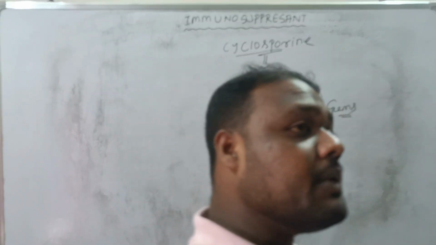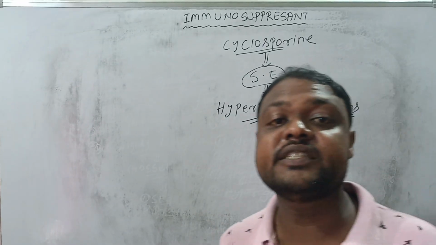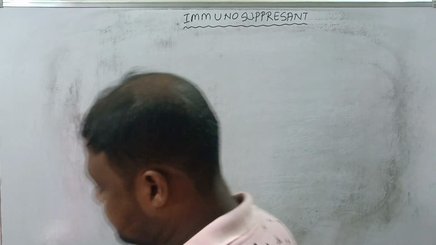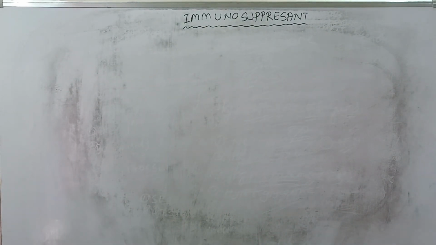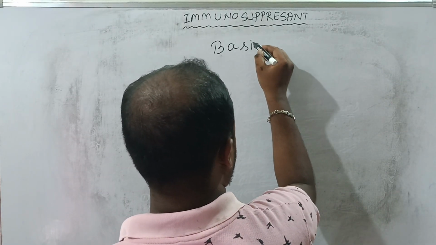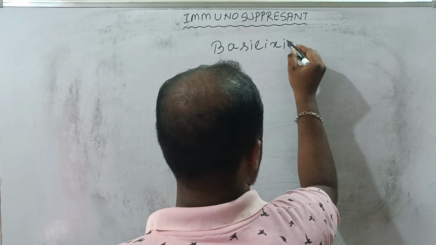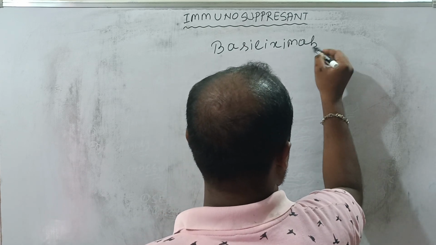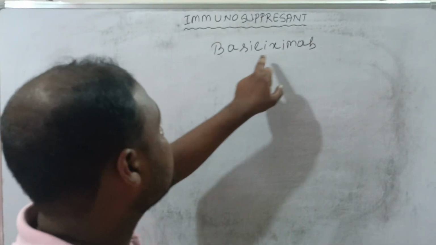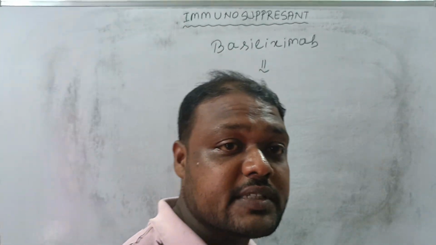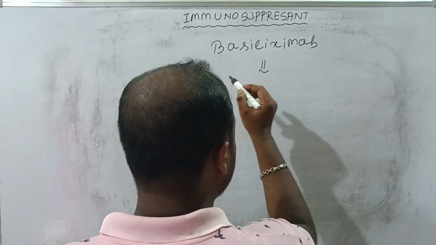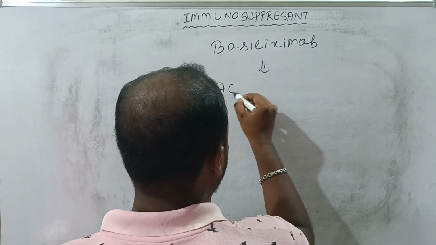Then another immunosuppressant is basiliximab. Basiliximab is an immunosuppressant that is used in acute graft rejection.